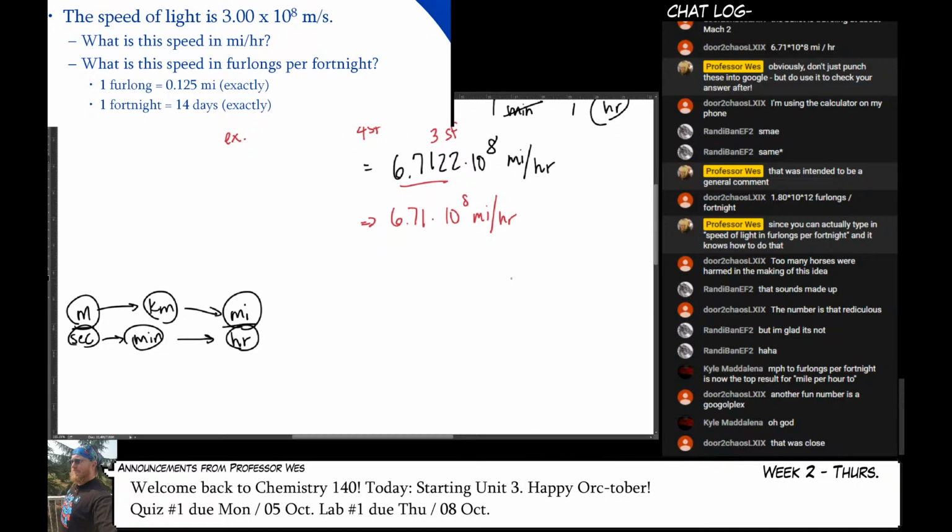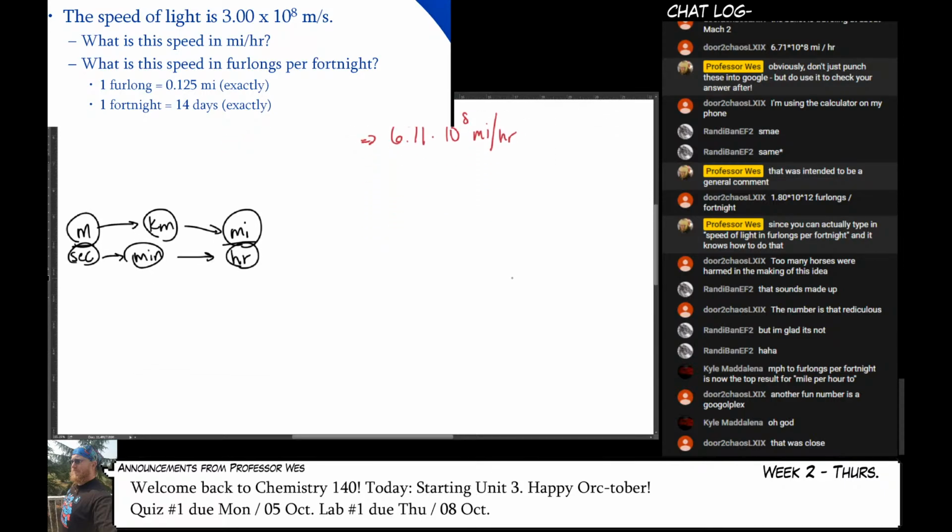We're going to use that number in just a second so that we can go to furlongs per fortnight. You could do furlongs per fortnight from the starting point. We'll do this one in pink here, because this is an easy conversion. And that's a pretty easy conversion, too.